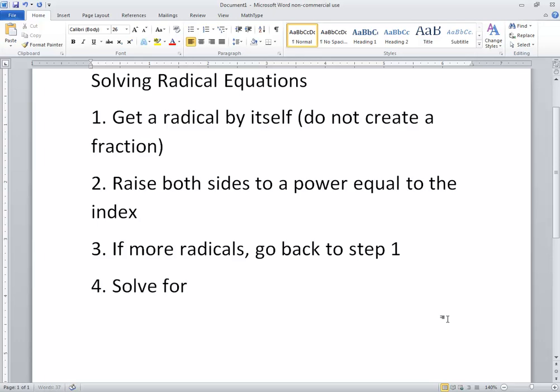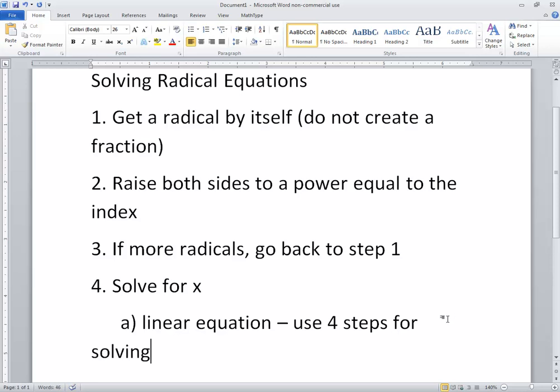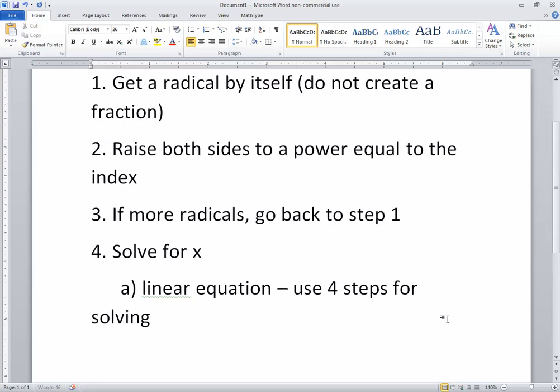And that's kind of vague, but it could be a linear equation at this point, it could be a quadratic equation. Could be a linear equation, and then you use your 4 steps for solving. Or it could be a quadratic equation, and use zero factor property.